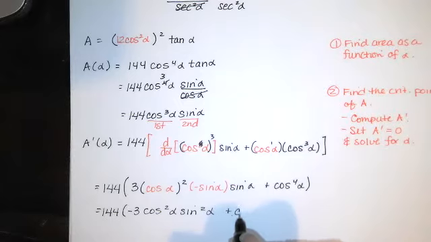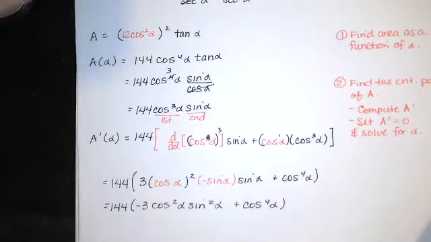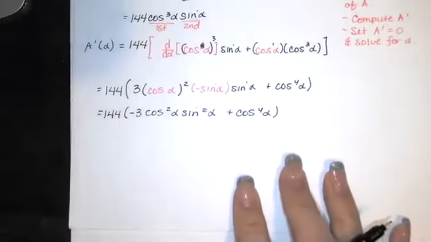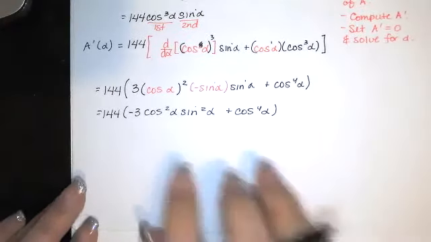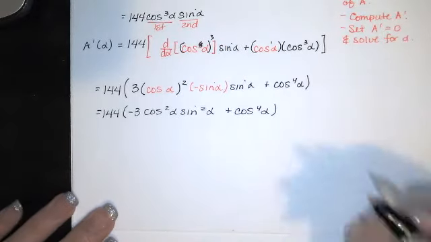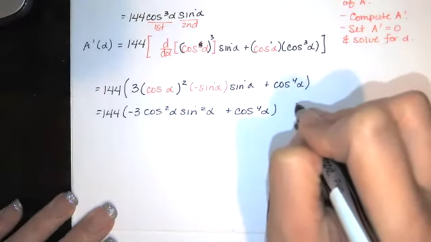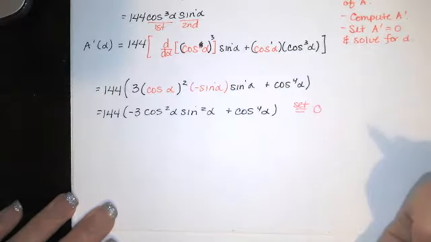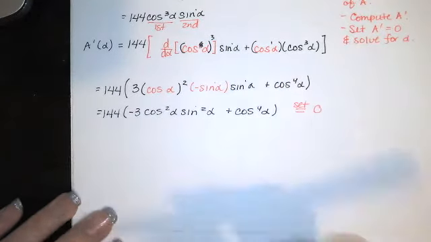So we're here now. In order to solve this, we can factor and solve for alpha. Yes, I need to set this equal to 0 first, then I'll factor and solve for alpha.